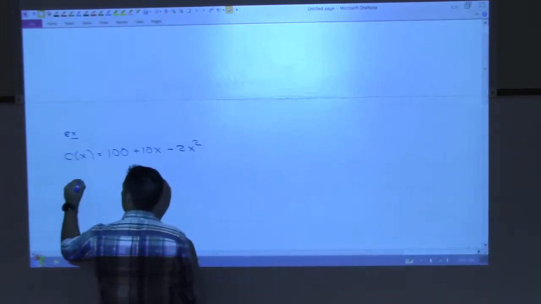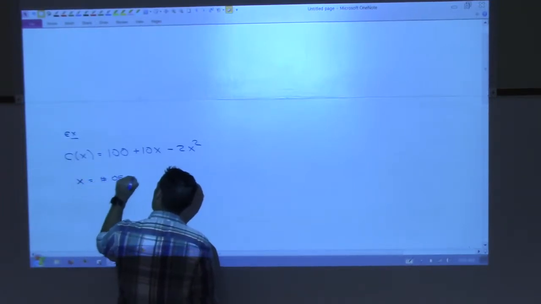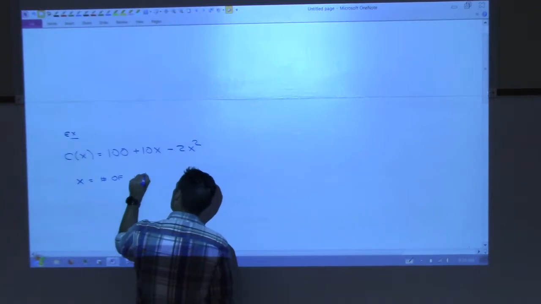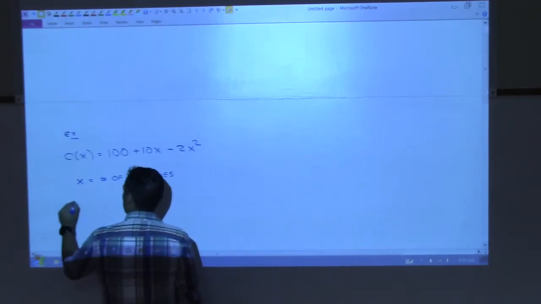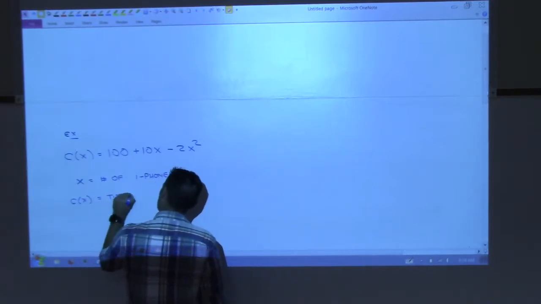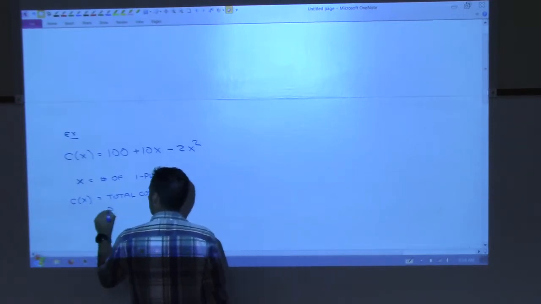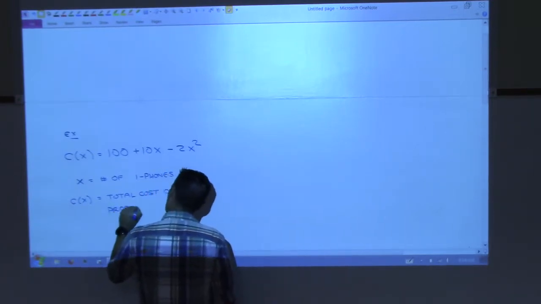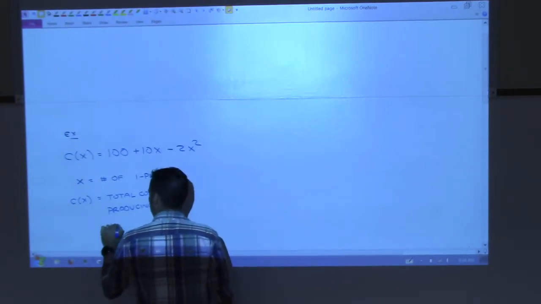So x is equal to the number of iPhones and C(x) would then be the total cost of producing x iPhones.